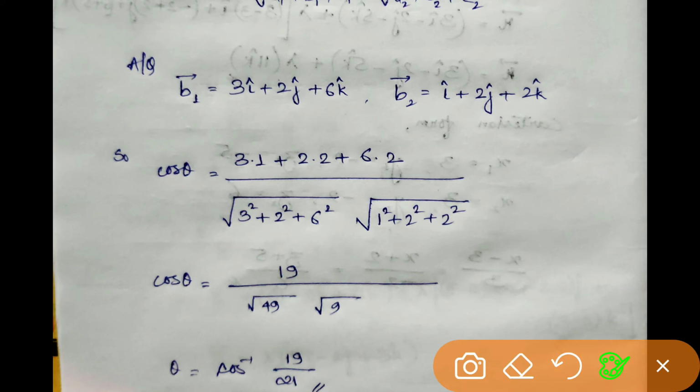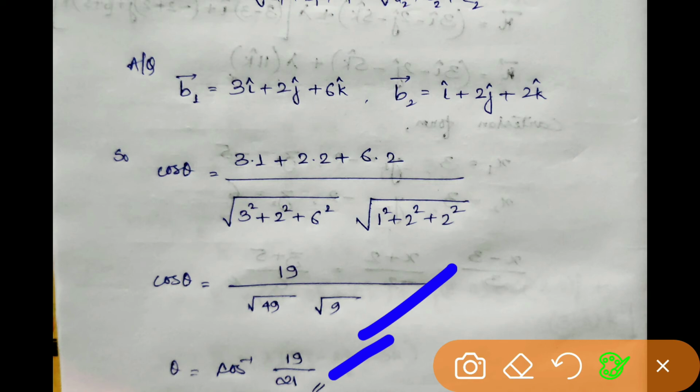From the first equation of the line, our b1 will be 3 i cap plus 2 j cap plus 6 k cap. And the second equation of the line gives us b2 as i cap plus 2 j cap plus 2 k cap. We know a1 b1 c1 and a2 b2 c2, so we substitute them here. Then cos theta will be this, and theta will be cos inverse 19 by 21. That is the angle.